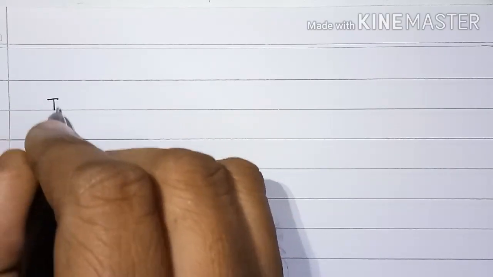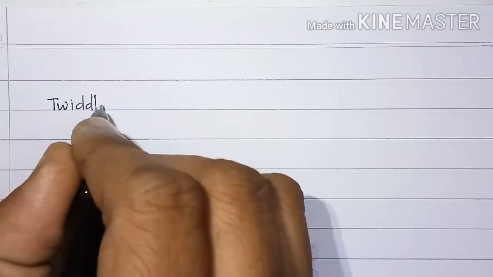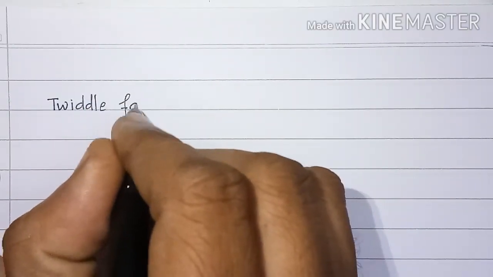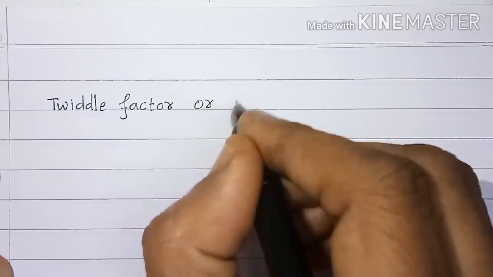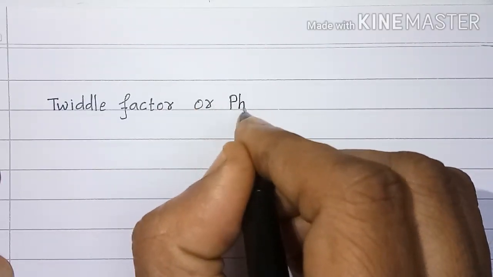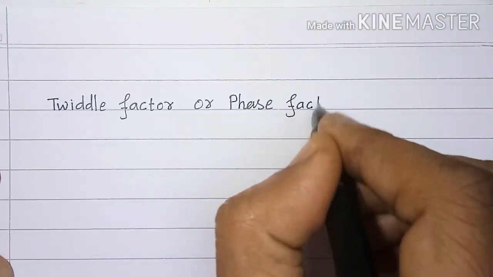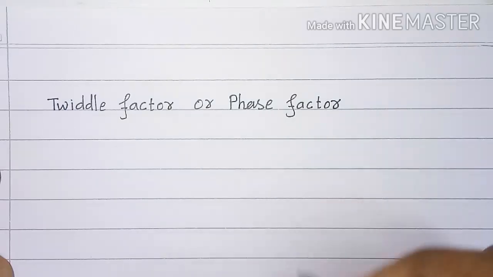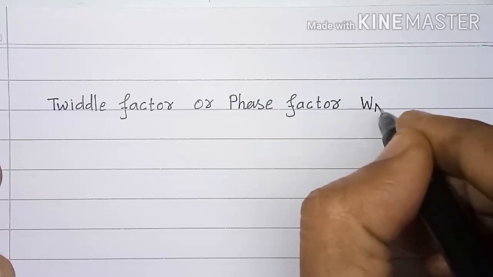That term is twiddle factor, or phase factor, Wn.